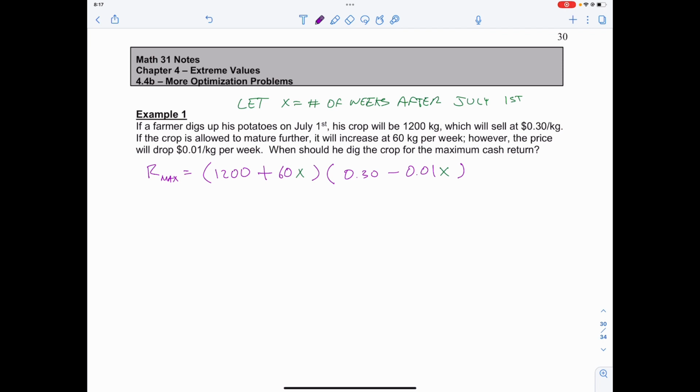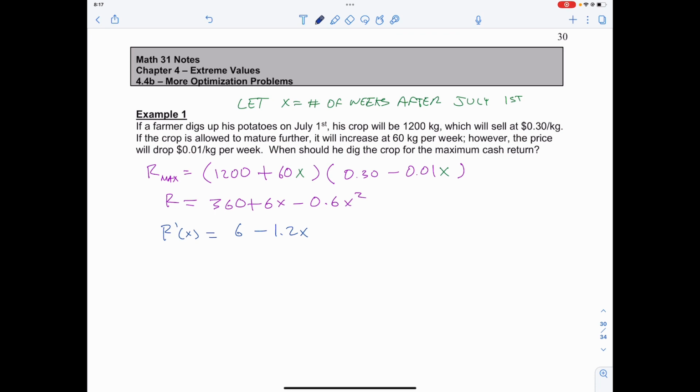This is going to give me a revenue of 360 plus 6x minus 0.6x squared. When I derive this, r prime of x is going to give me 6 minus 1.2x.